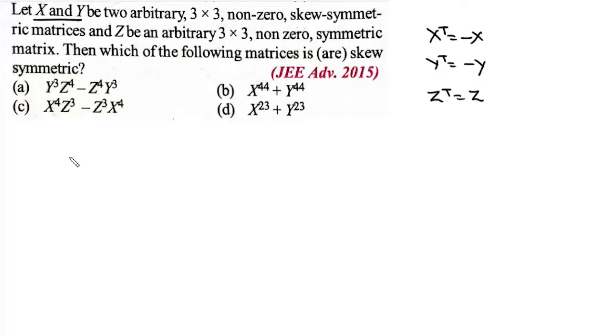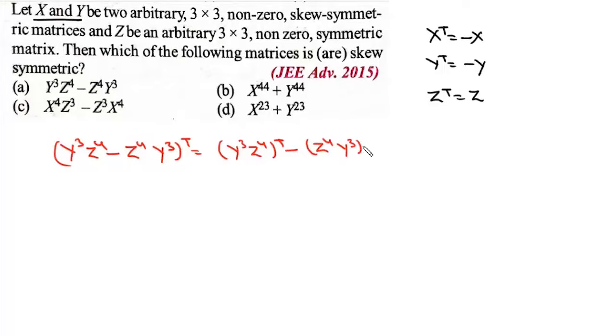Now if we take this first option, which is y cube z to the power 4 minus z to the power 4 y cube, its transpose will be y cube z to the power 4 transpose minus z to the power 4 y cube transpose. Now using reversal law, we can write z to the power 4 transpose y cube transpose minus y cube transpose into z to the power 4 transpose. Now transpose of z to the power n is same as nth power of z transpose.